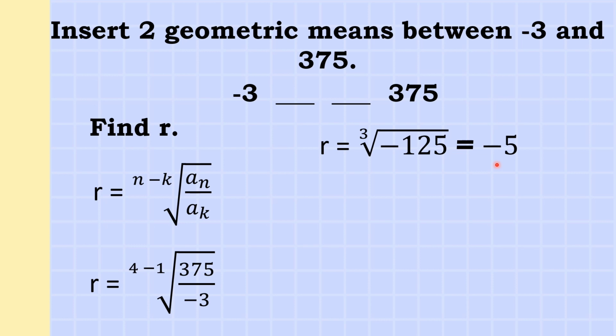Therefore, the cube root of negative 125 is equal to negative 5. We have only one answer. Negative 3 times negative 5 is positive 15. Positive 15 times negative 5 is negative 75. Negative 75 times negative 5 is positive 375.